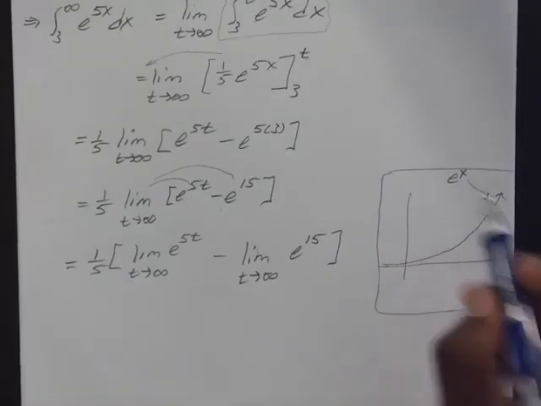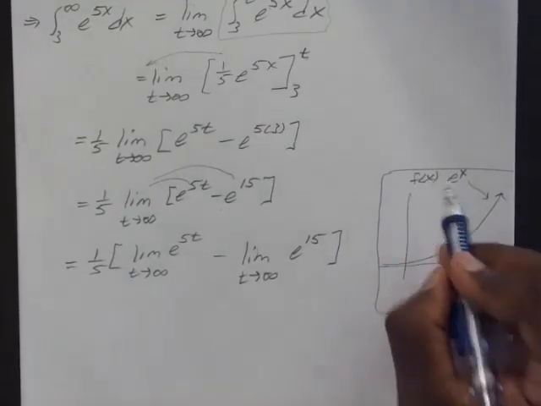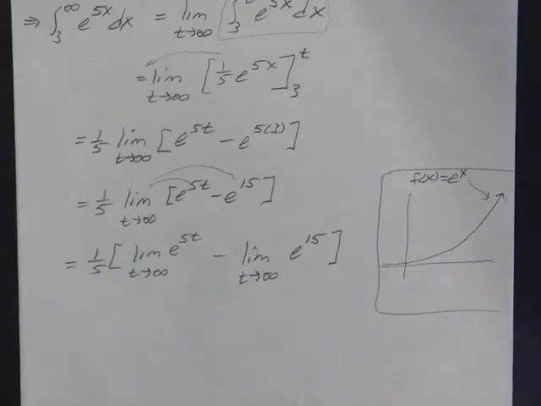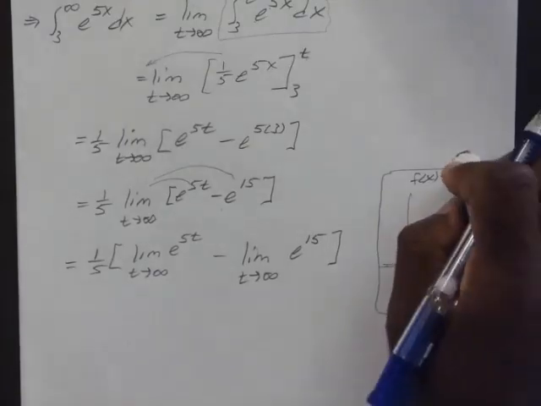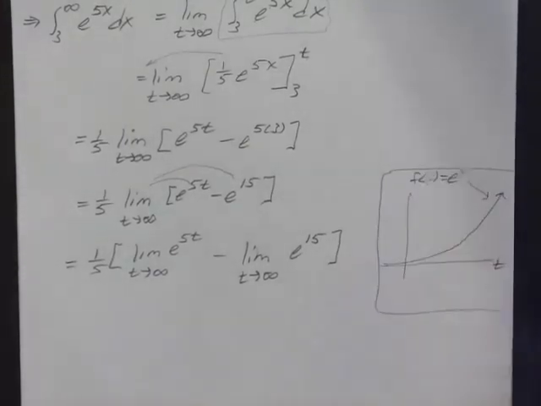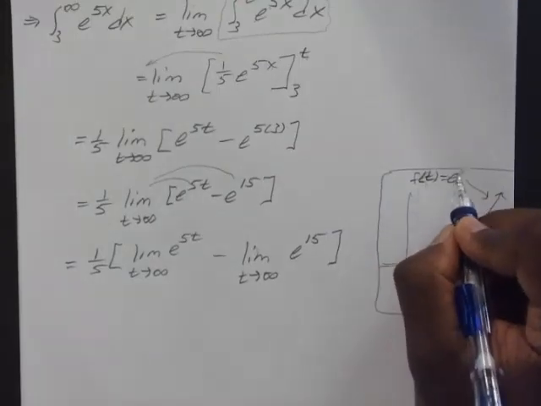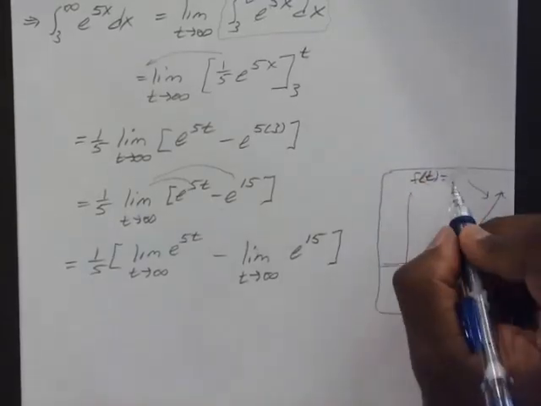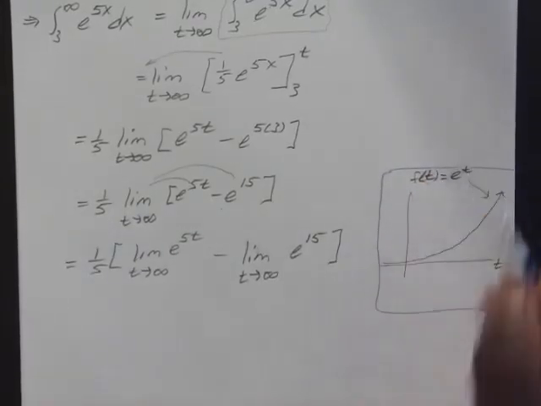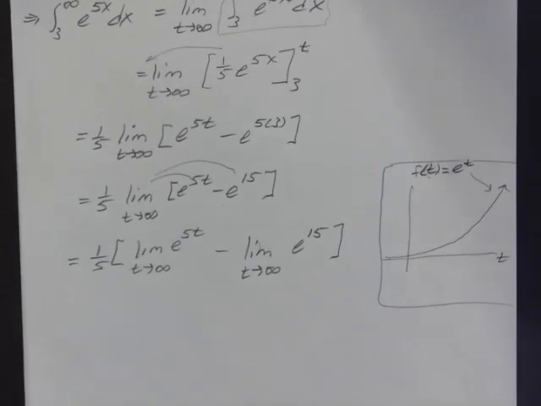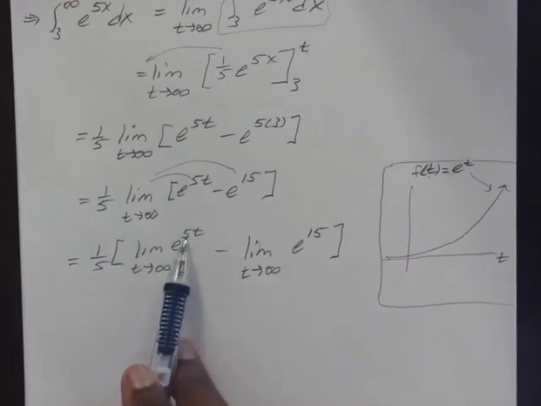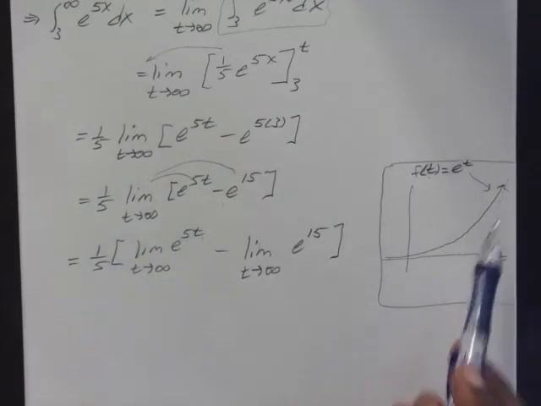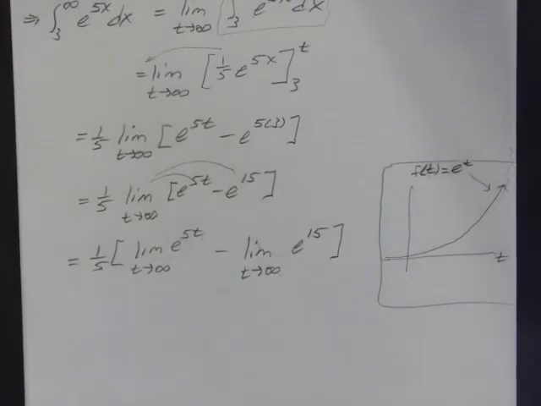I'll make that t instead of x, so let's say e to the power of t, just to keep everything familiar. So if you make that e to the power of 5 times t, as t gets bigger and bigger, then that just approaches infinity.